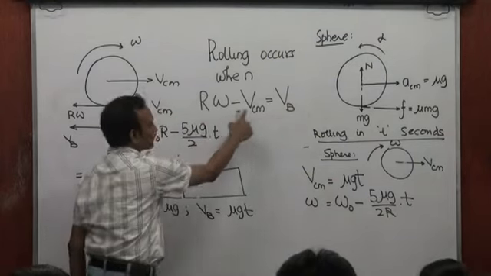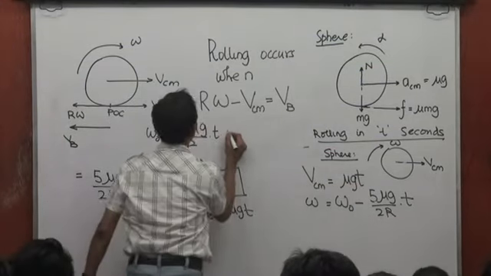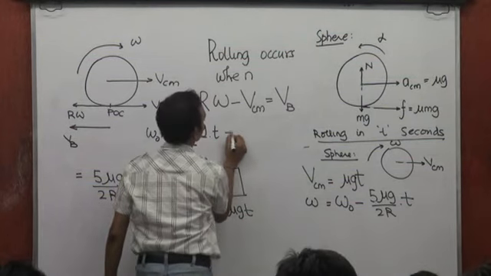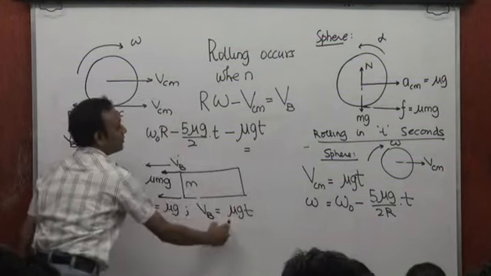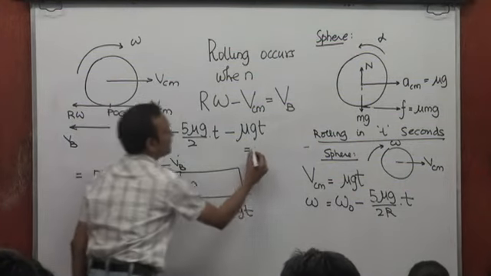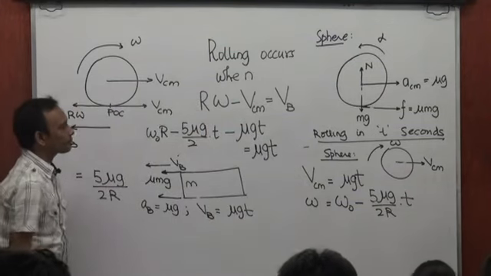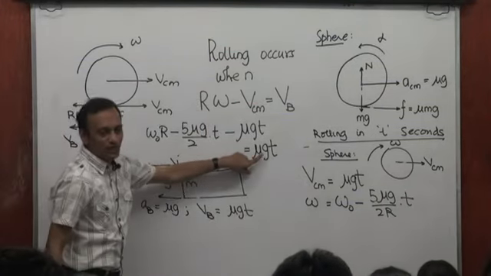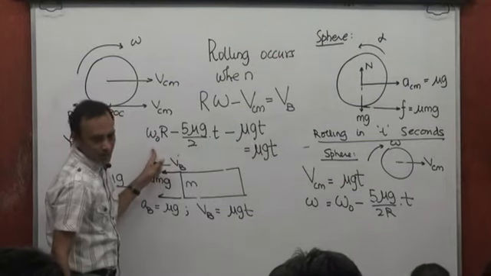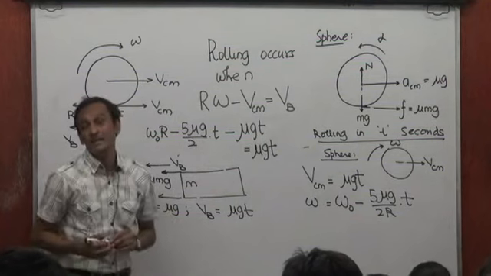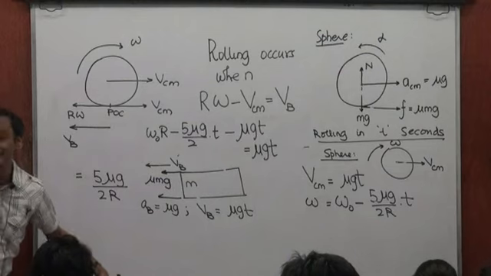VCM is mu g t, equal to Vb. Vb is mu g t. You can solve for t from this equation directly, so you know the time it takes for rolling to commence.